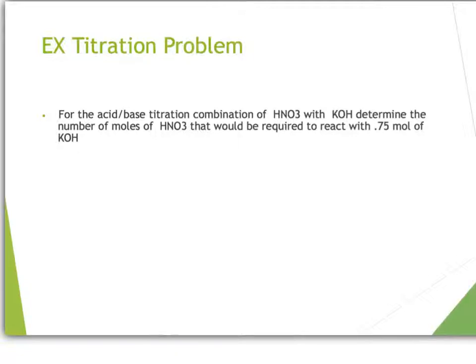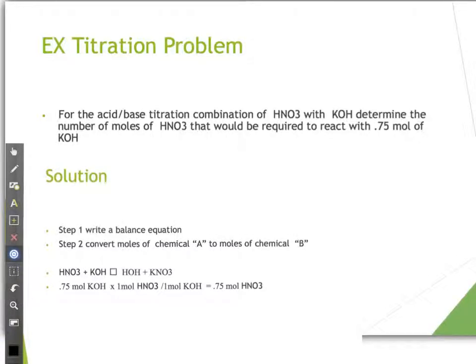For the acid-base titration combination of nitric acid with potassium hydroxide, determine the number of moles of nitric acid that would be required to react with 0.75 moles of potassium hydroxide. The approach to solving this problem is first we must write a balanced equation. Well, we have nitric acid plus potassium hydroxide.